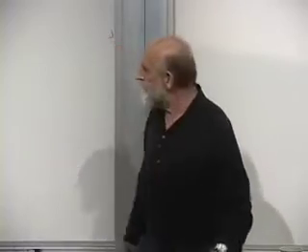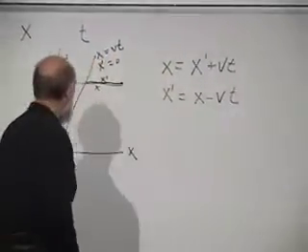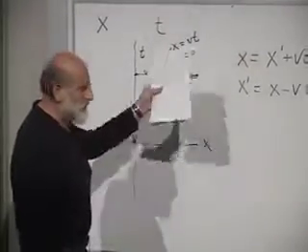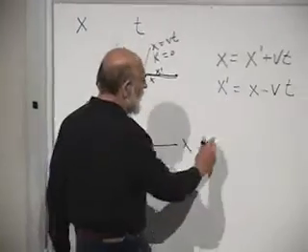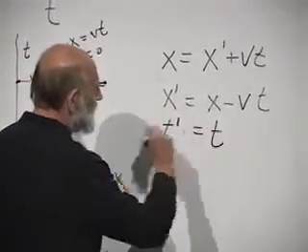God up on his cloud, ticking off with his super accurate watch. That time was universal for everybody, no matter how they were moving. And so everybody would agree on the time of any given event in this map of space and time. And so the other equation that went with this is that t prime is equal to t.